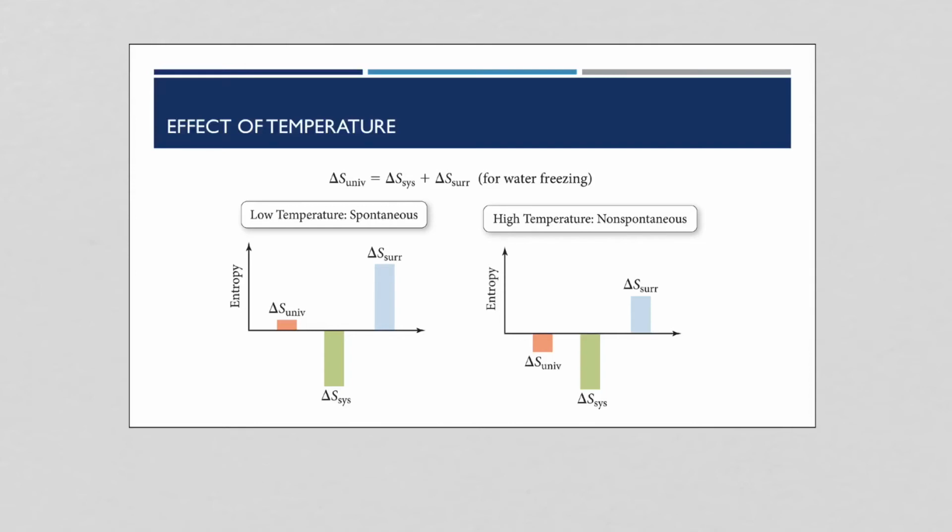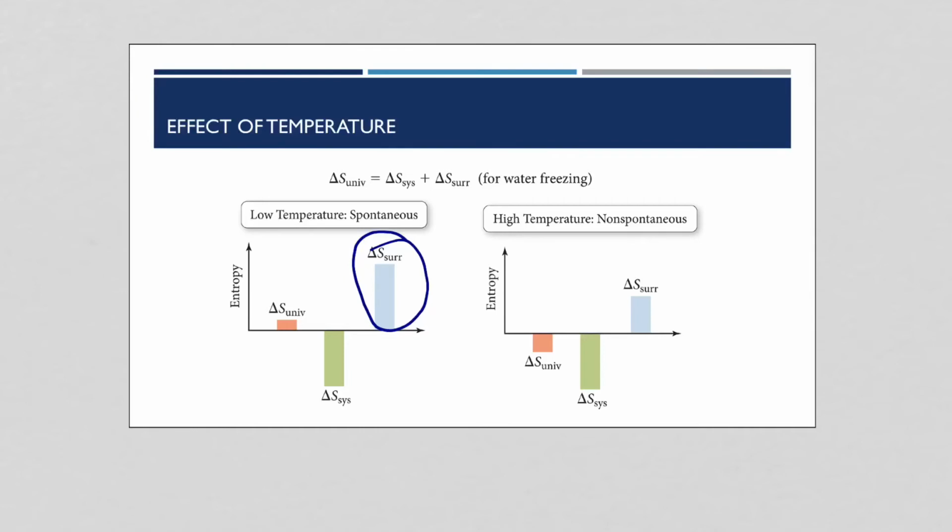So what we can see is that at lower temperatures, the entropy of the surroundings becomes big enough to overcome the negative entropy change of the system.